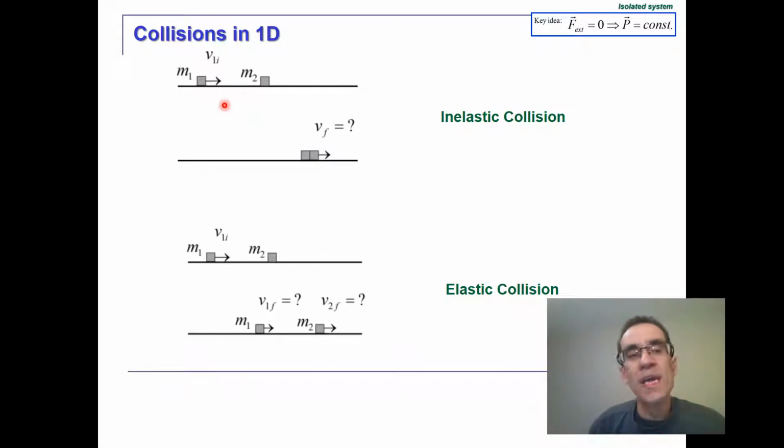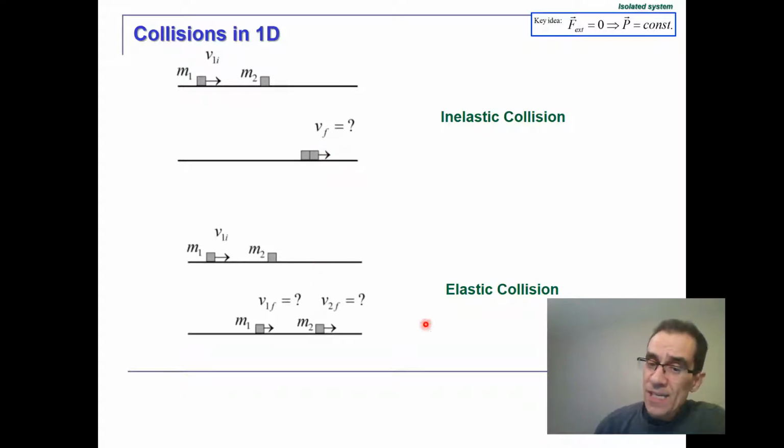When the particles collide and stick, this obviously requires some conversion of mechanical energy into thermal energy. And so even though the mechanical energy is not conserved, the linear momentum of the system is conserved. If you take the linear momentum in the beginning, it has to be equal to the linear momentum at the end. That allows us to predict the final velocity.